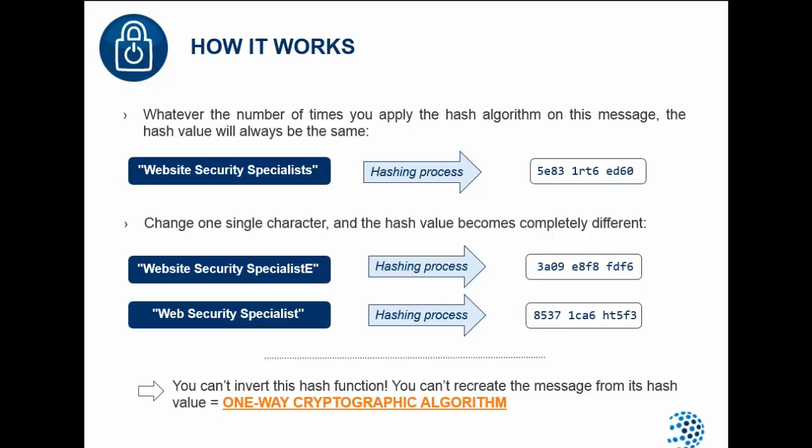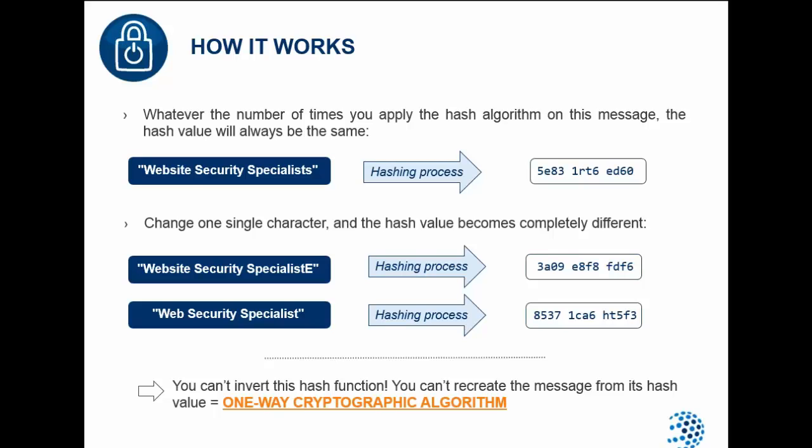If you change any of the characters, even a single character, the hash value becomes completely different. You can't invert the hash function, so you can't recreate a message from the hash value. Therefore it's a one-way cryptographic algorithm.